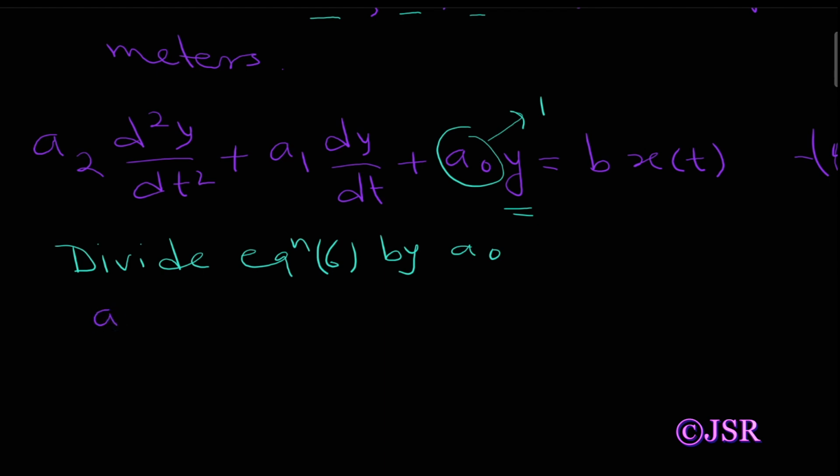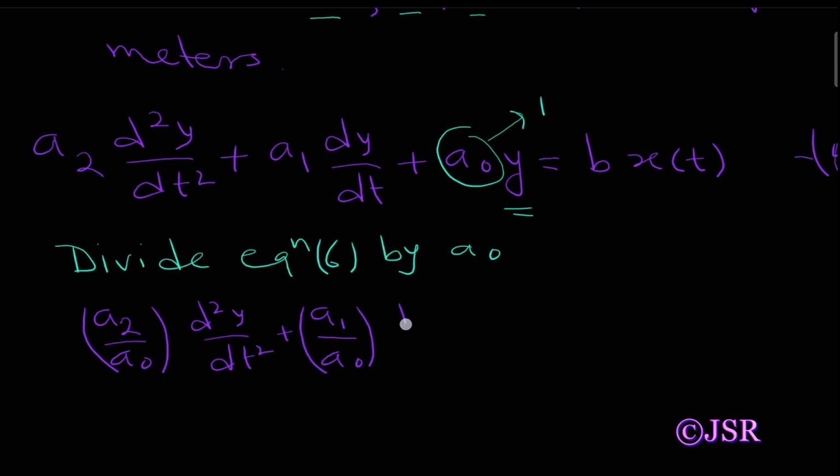So we will get a2 by a naught d2 y by dt square plus a1 upon a naught dy by dt plus y equal to b upon a naught x of t.